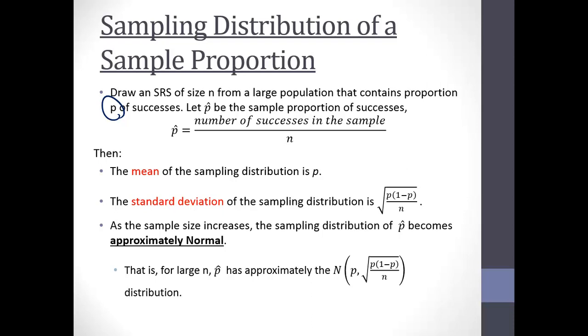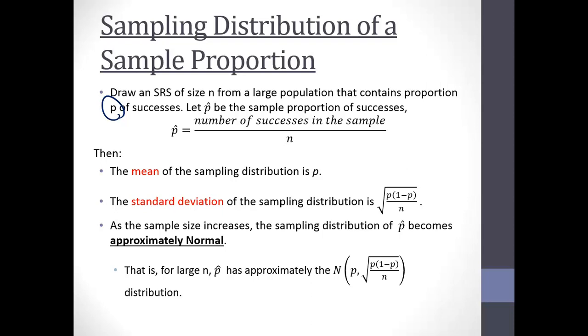The good news is that our sampling distribution will be centered at the right value. And then our standard deviation is going to be the square root of p times 1 minus p over n. We're going to gloss over where those come from for the purpose of this class. You can take those as given. I'd be happy to show you where those come from if you want to come see me in office hours. So that's our mean and our standard deviation.